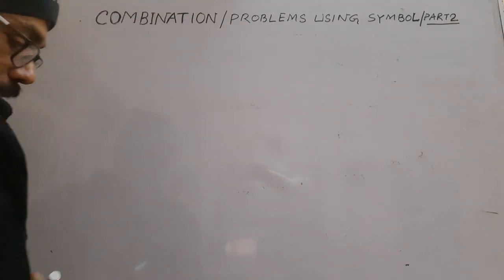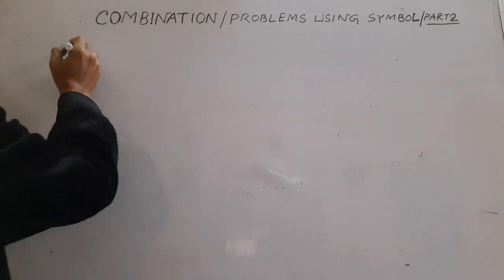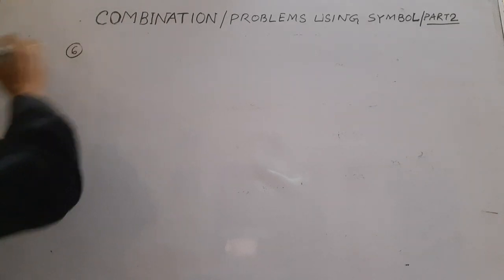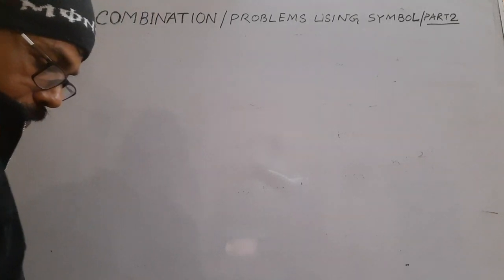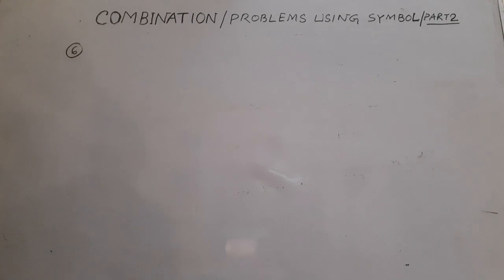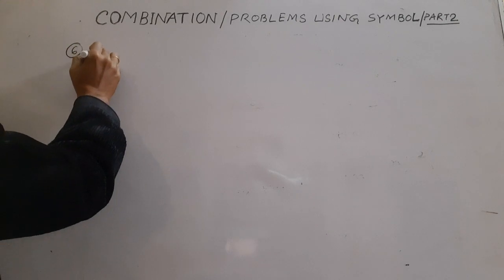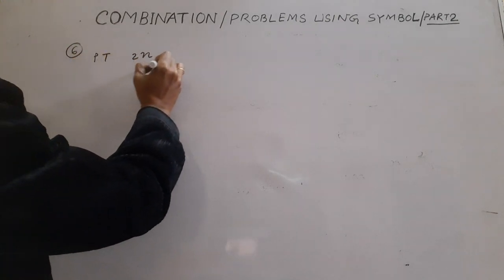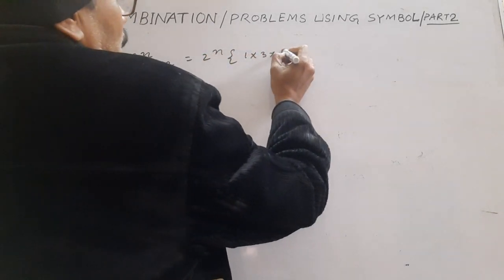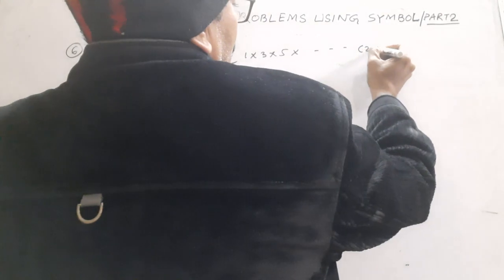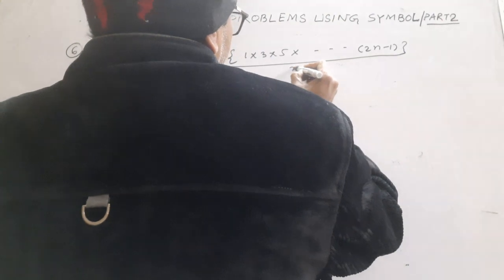Problem number 6. Prove that 2nCn equals 2 to the power n into the product of odd numbers 1, 3, 5 up to 2n minus 1, divided by factorial n.